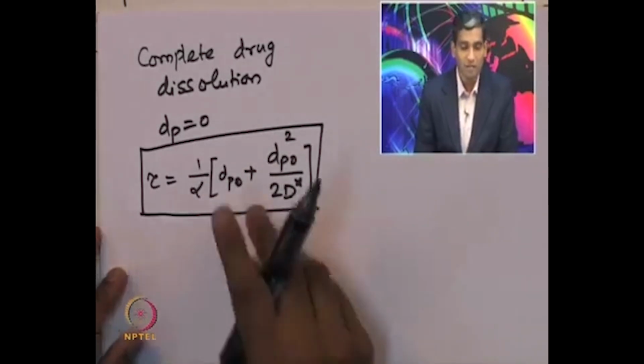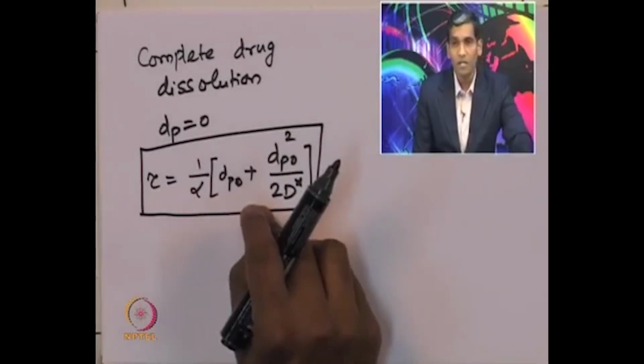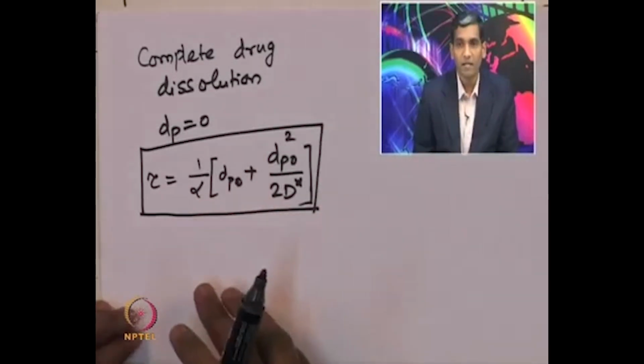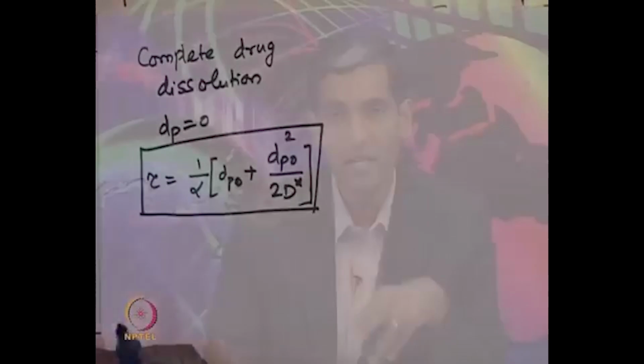properties of the system. Now, this expression is for monodispersed particles, but normally the drugs which are administered are all polydispersed, that is particles are of different sizes. There is a population of particles, and all of them are simultaneously undergoing dissolution, leading to the shrinking of the particles.